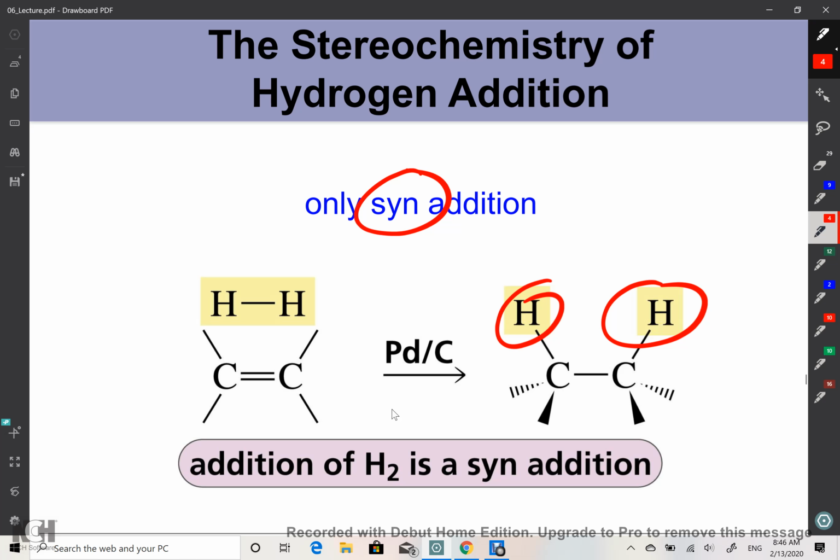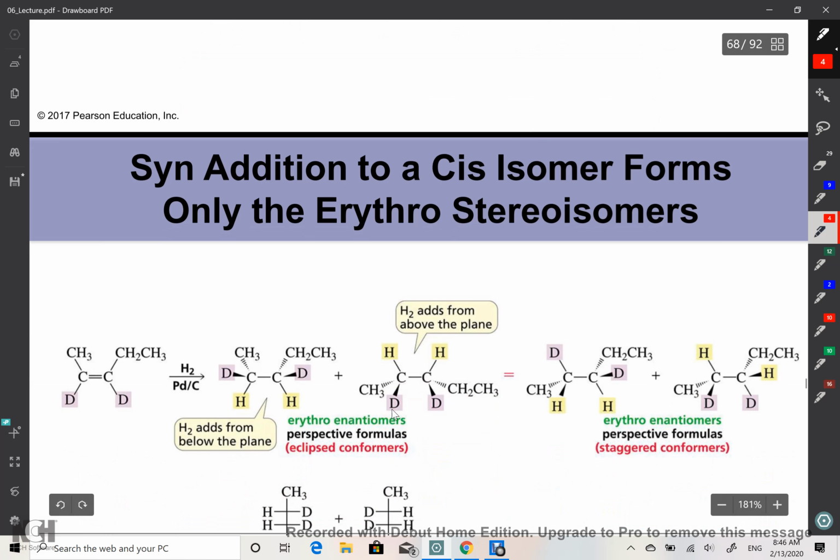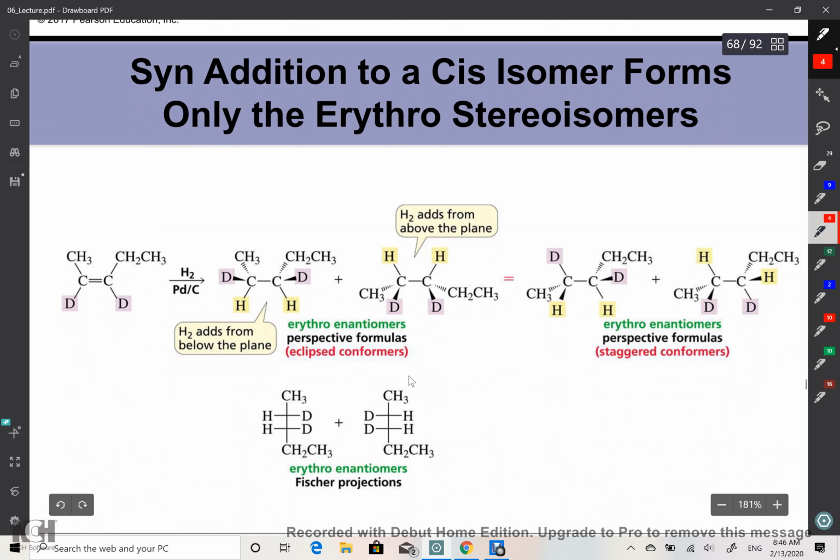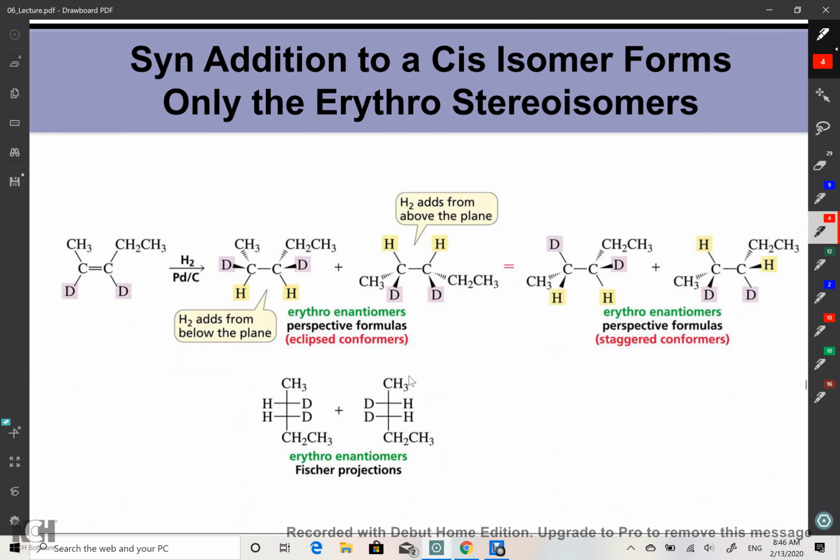Hydrogenation is an example of a syn addition. Now, hydrogenation, being a syn addition, is also a stereoselective reaction.